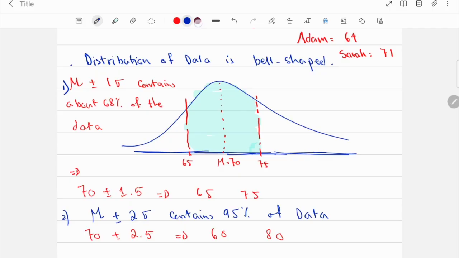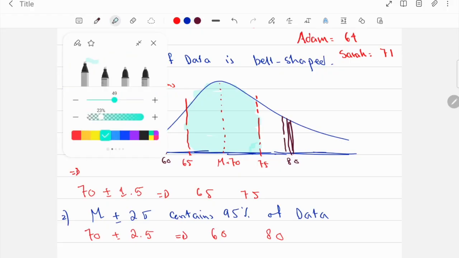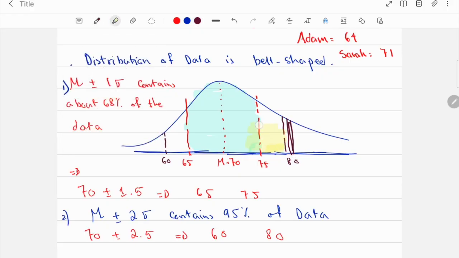So technically, 60 is here, 80 is here. I mean, they should be symmetric, my graph is not that good. It means that between these two values, 95% of the class scored between 60 and 80.